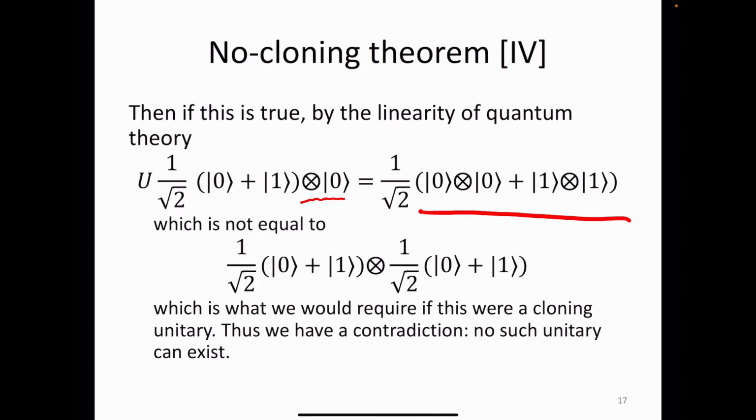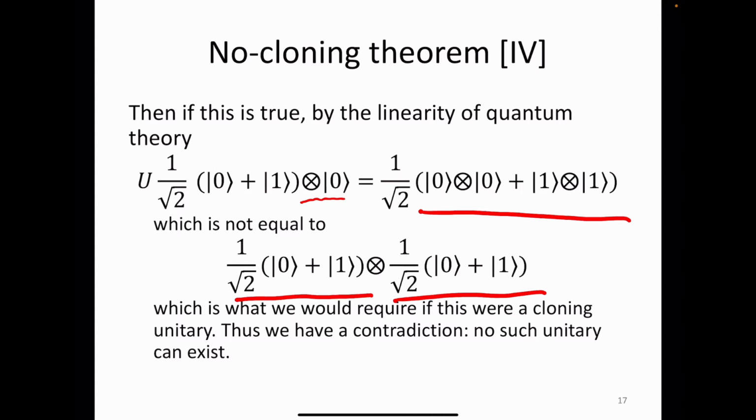Okay, so you just multiplied that state 0 in, which is certainly not equal to this one here, which is two qubits in superposition in that case. Which is what we would require if this were a cloning unitary.